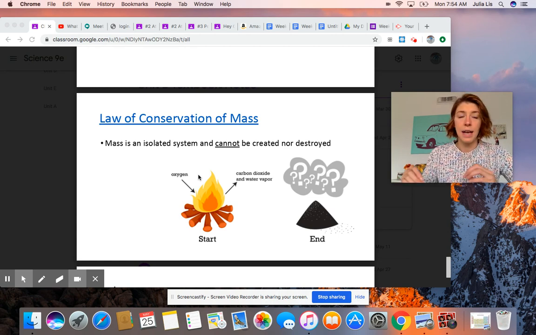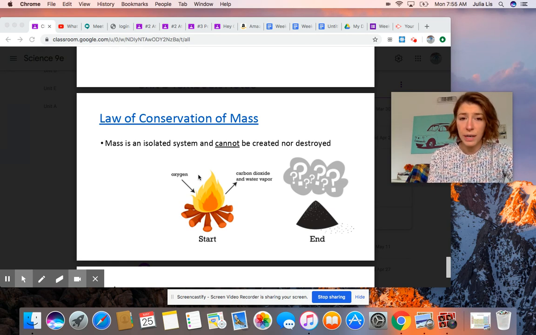I can't just have it come out of nowhere. And when I have materials going through a chemical reaction, they don't just disappear. So whatever I start with is what I have to end with. I have to end with the same amount of mass, okay, material. And so nothing ever disappears, even though it might seem like that.